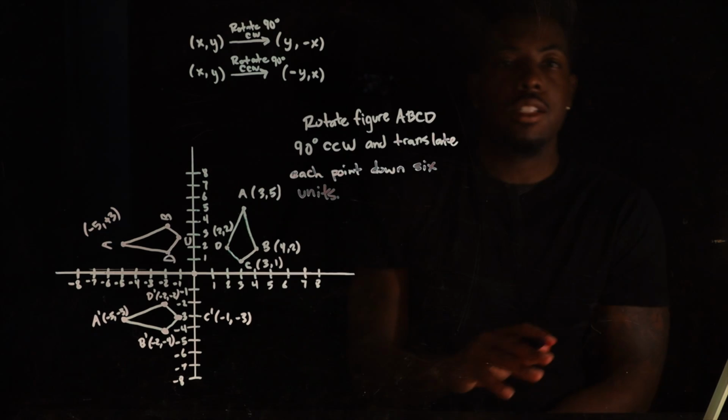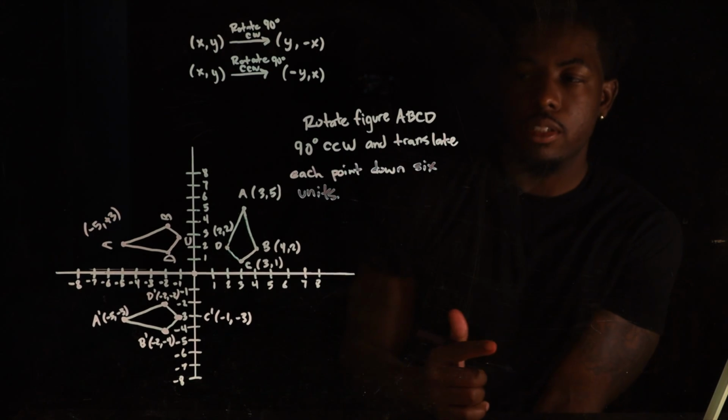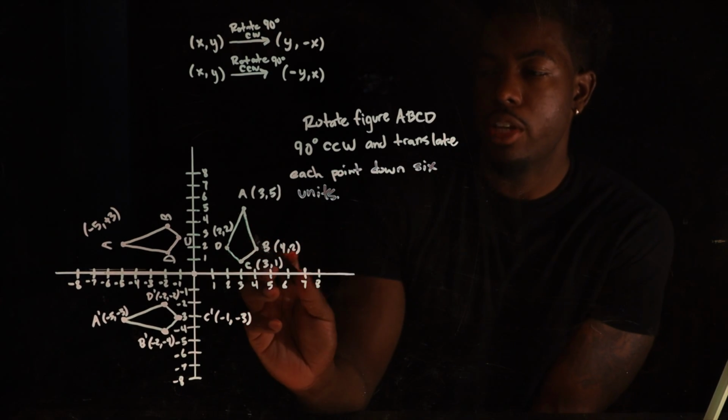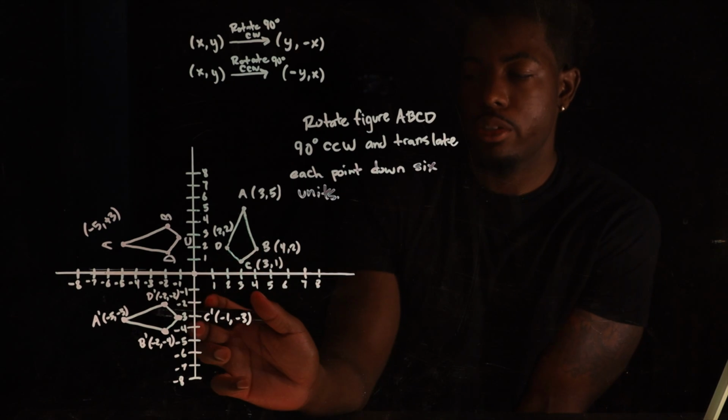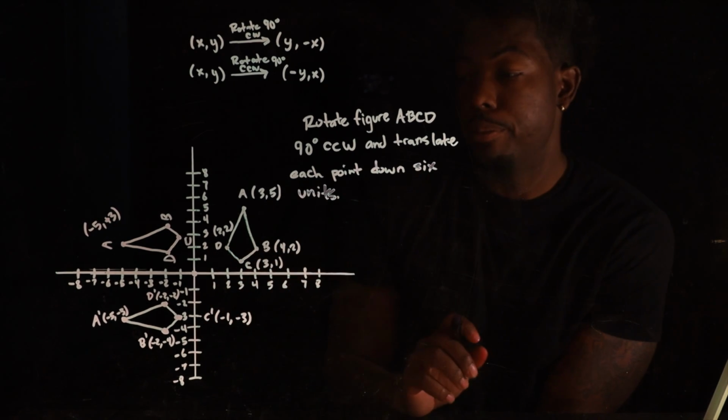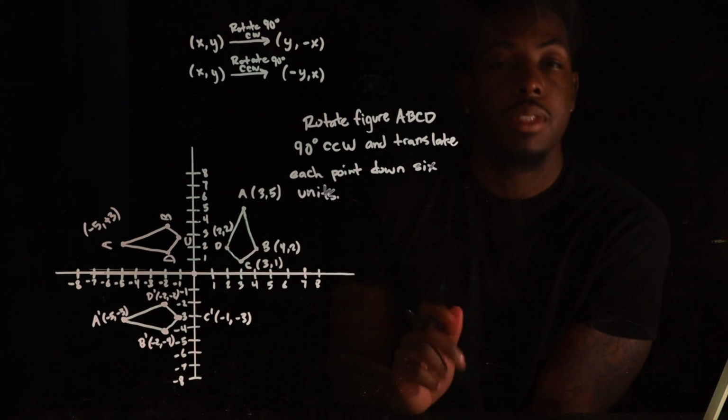That is us successfully performing a sequence of transformations that takes shape ABCD and places it directly on top of A prime, B prime, C prime, D prime.